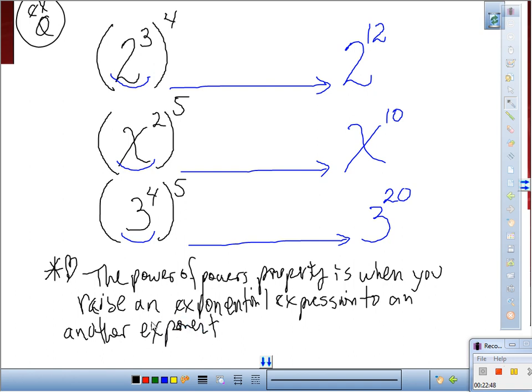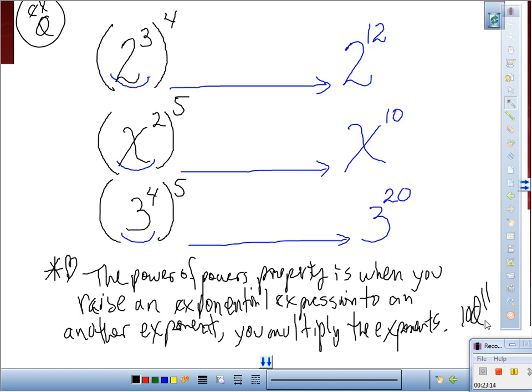Okay, so raise an exponential expression to another exponent, comma. What do we do, everyone? What's the rule? Devin? You multiply the exponents. Thank you.